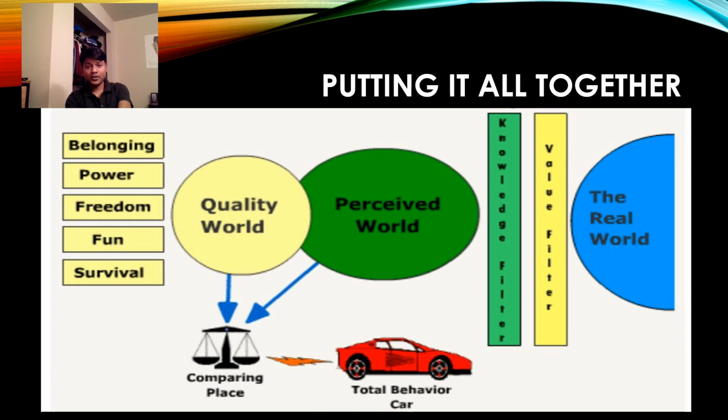Now, if you look at the bottom, there is a comparing place, and it means that based on our perceived world and quality world, we make choices in terms of what actions, what behavior, we follow. That behavior has four components: thinking, feeling, acting, and physiology, and that behavior is total behavior.